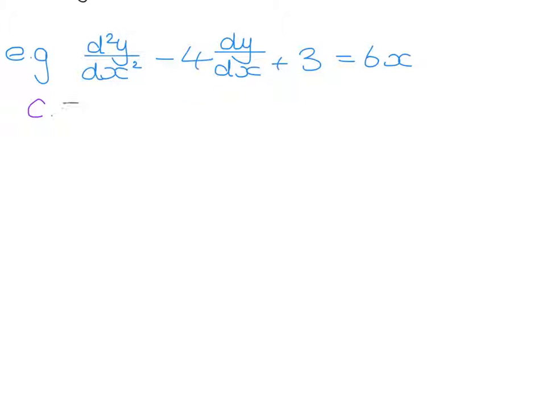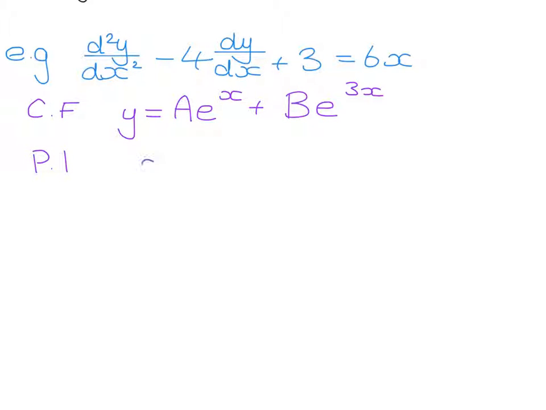Our complementary function was y equals a times e to the power of x plus b times e to the power of 3x, where a and b were arbitrary constants. So all that's left to solve is finding the particular integral.